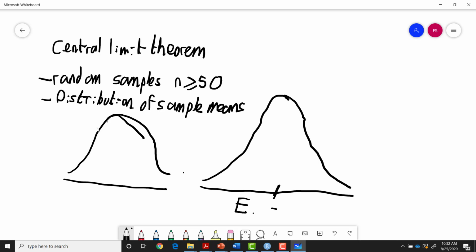That's to say, it's the average of all of the means. Don't worry too much about the notation. And it has a standard error of sigma over root n. So basically all you need to know is as n gets bigger, the distribution gets narrower. Kind of common sense.